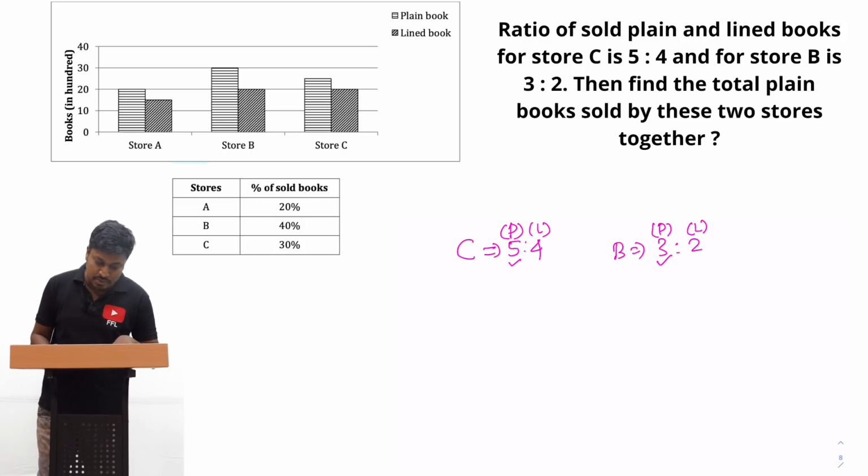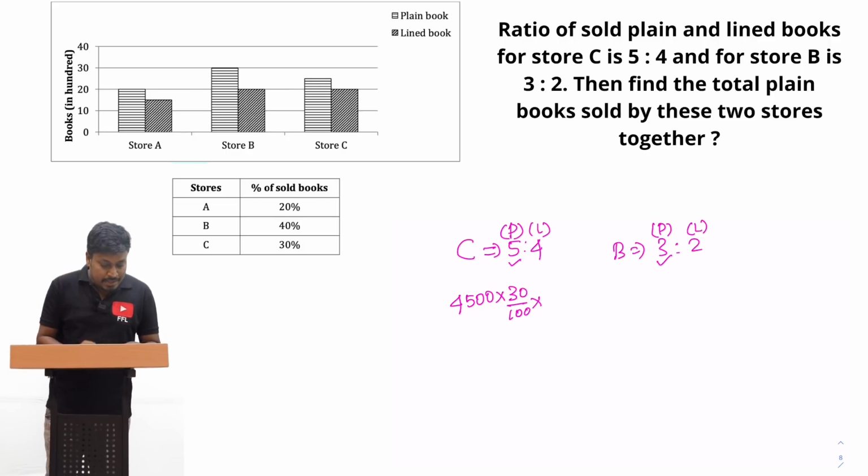Just see here, let me take store C. For store C, the total number of books produced is 4500. Out of this 4500, when you look at the table chart, how many books are sold? 30%, which is 30 by 100. Out of the total books sold, our target is to find only the plain books. Plain books are in ratio 5, so 5 divided by the total ratio 9.